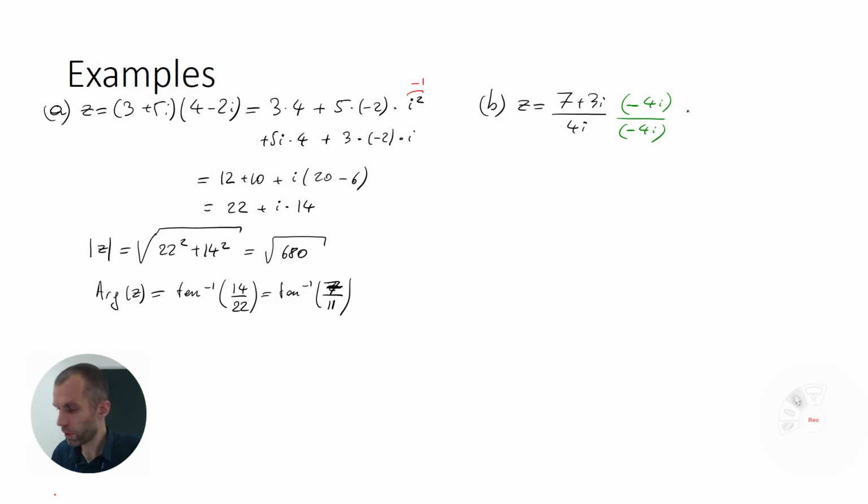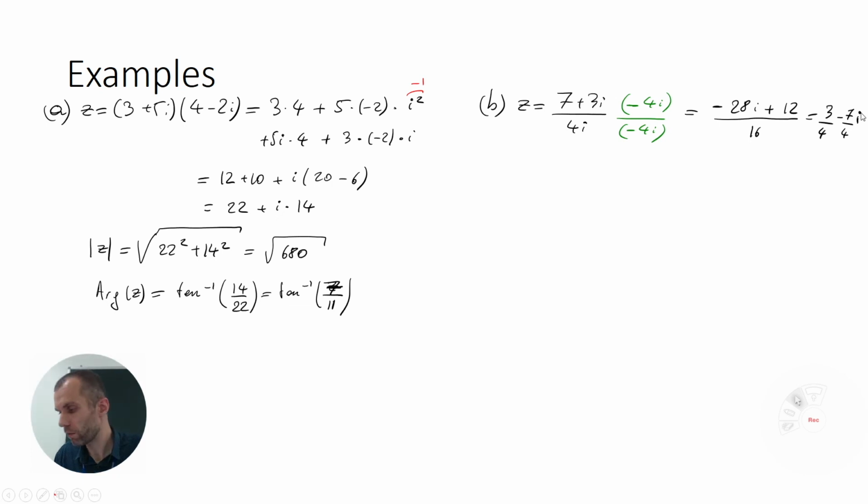And then we work that out, and we get minus 28i, and then plus 12 for the numerator, and for the denominator, 4i times minus 4i, that's 16. And we can simplify that a little bit to become 3 over 4 minus 7 over 4i.